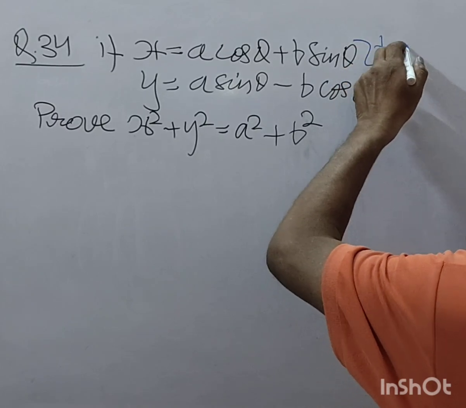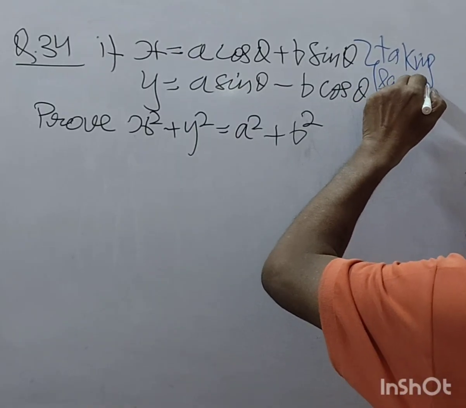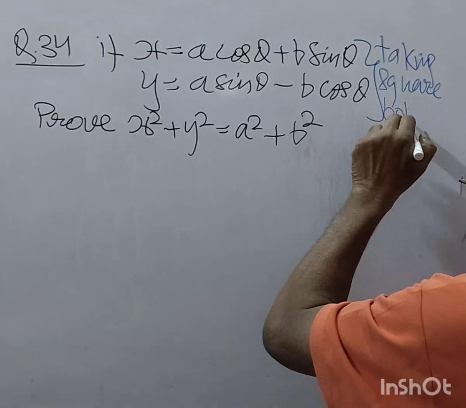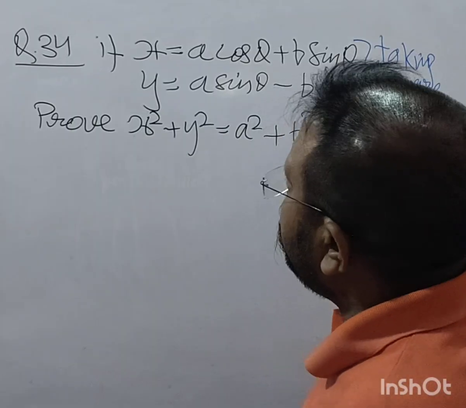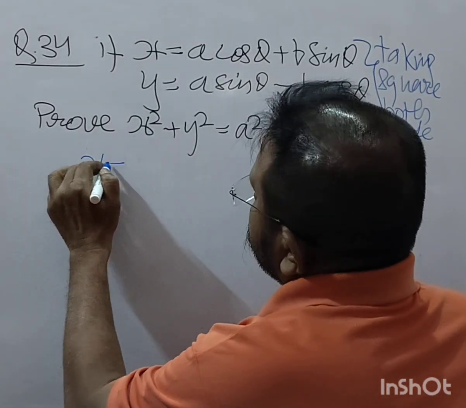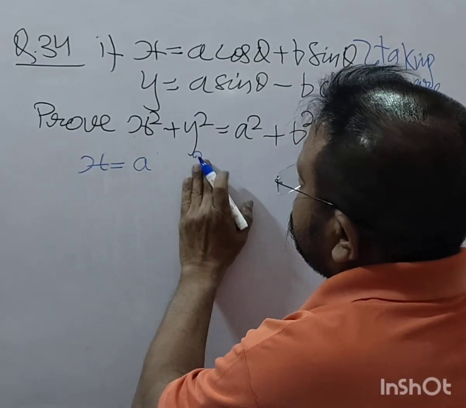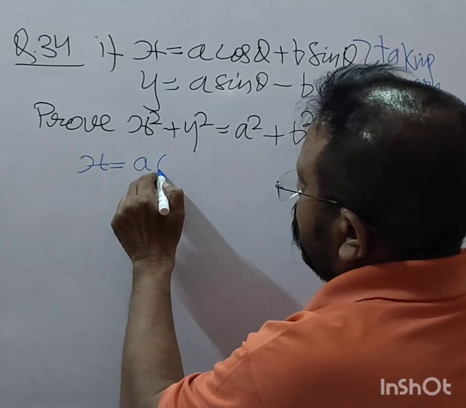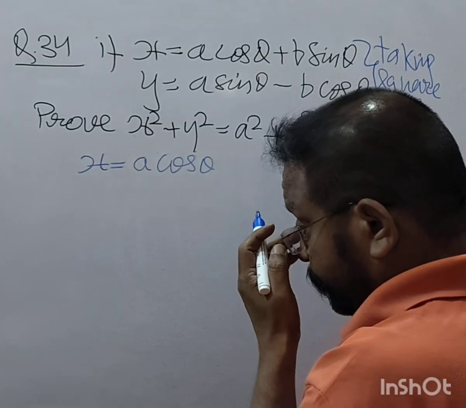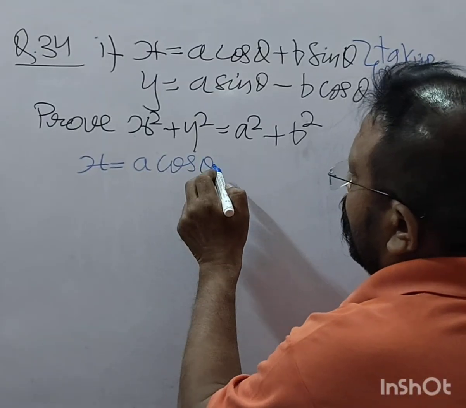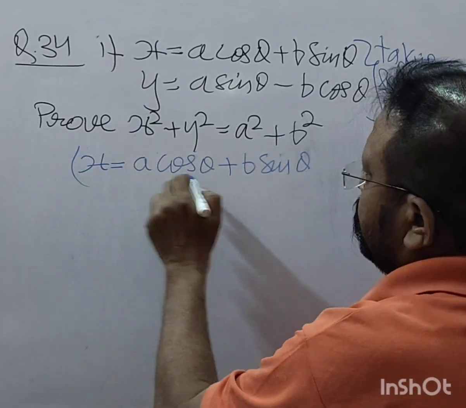Okay, so taking square both sides. We have x is equal to a cos theta plus b sin theta, whole square.